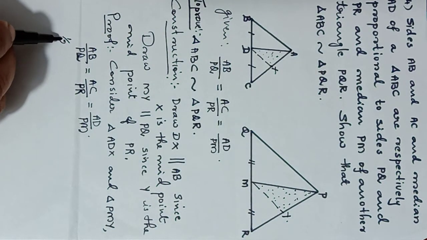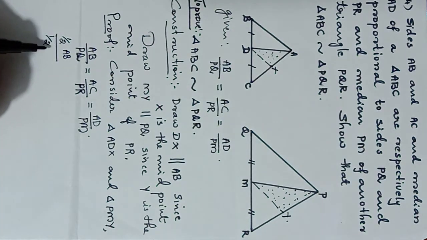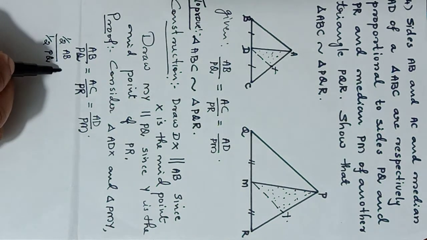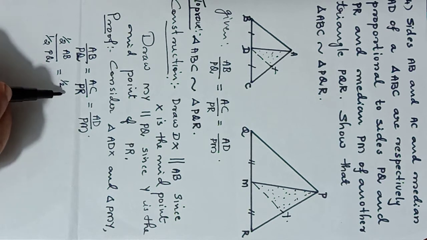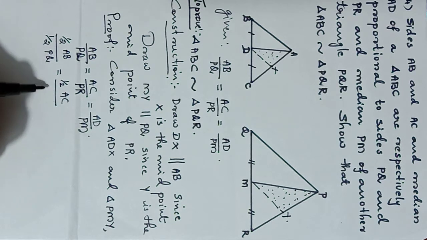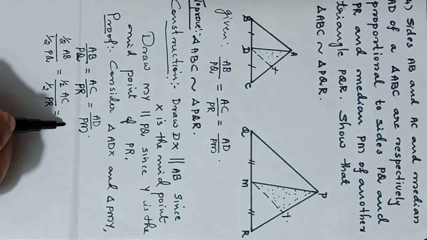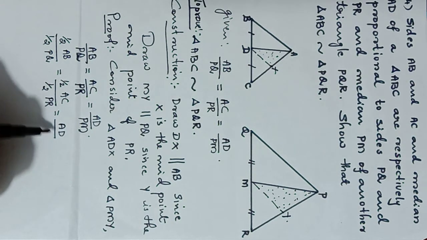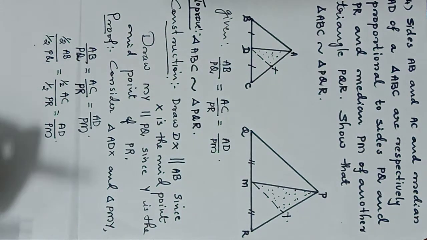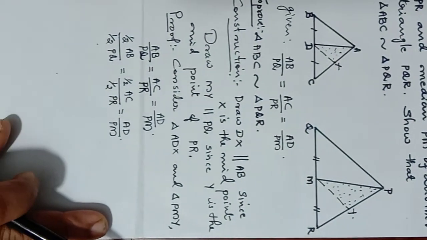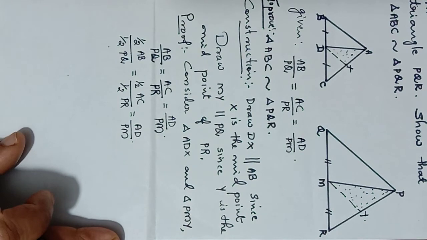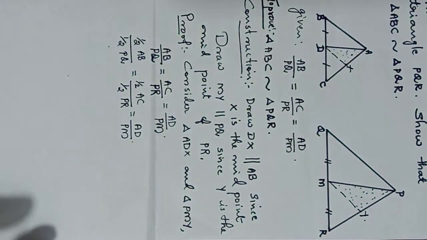So I am going to take half on both sides, in numerator and denominator. So it will become equal to half AC by half PR. And in the third case we don't change it. There won't be any problem, since multiplication in numerator and denominator means there is no change. Now let us see what happens.